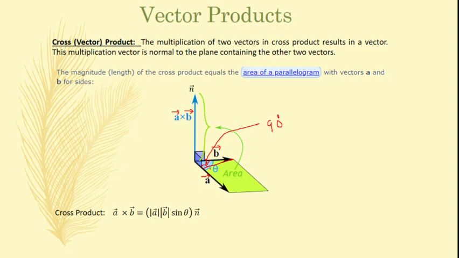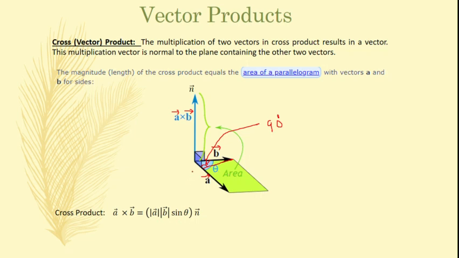Then this perpendicular length is actually B sine theta. If the height is B sine theta and the base is A, then the area of this parallelogram is mod A, the magnitude of the A vector, into the magnitude of the B vector into sine theta. It actually represents the area of this parallelogram which is made by these two vectors. That is why it is sine theta.